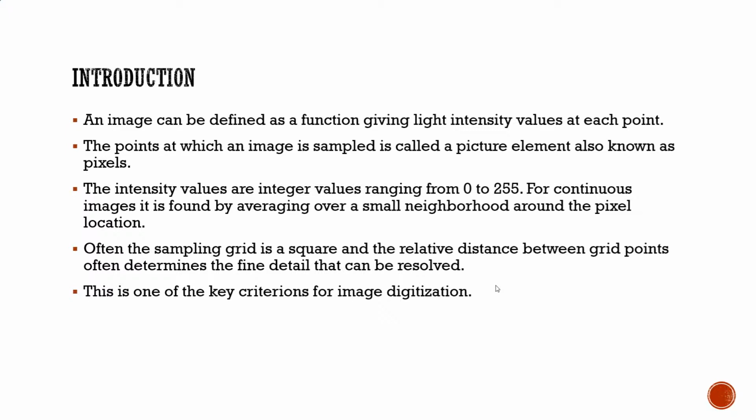For continuous images, they are found by averaging over a small neighborhood around the pixel location. Often the sampling grid is a square, and the relative distance between grid points often determines the fine details that can be resolved. This is one of the key criteria to image digitization.